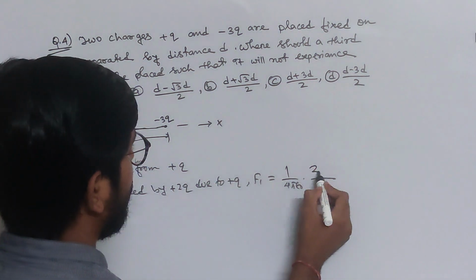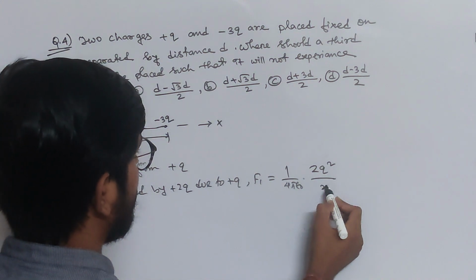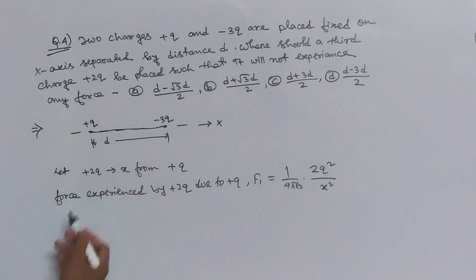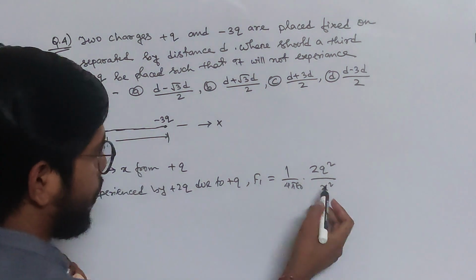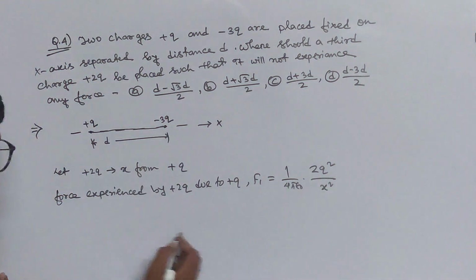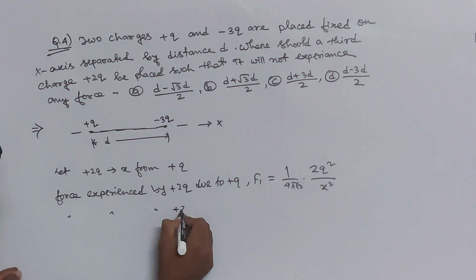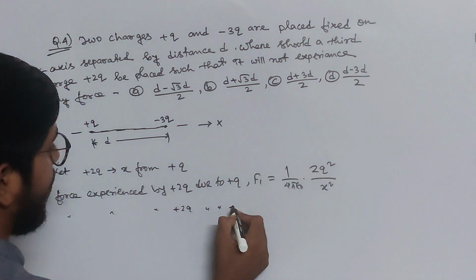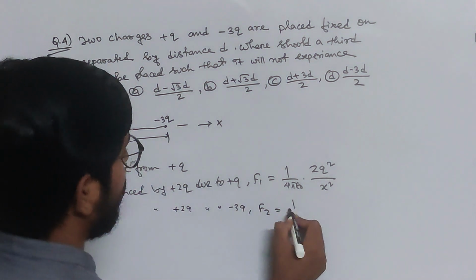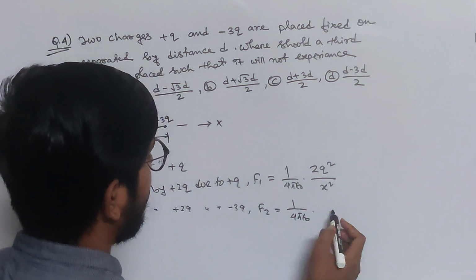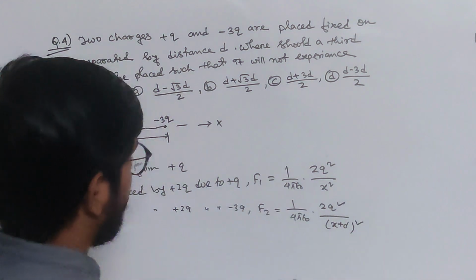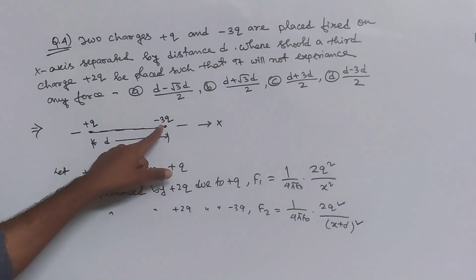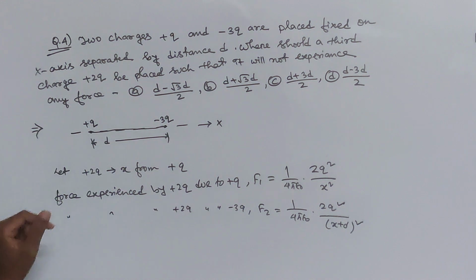And the force experienced by the same charge plus 2q due to minus 3q, let's say it is f2, will be 1 by 4 pi epsilon naught, 3q times 2q divided by x plus d whole square, because this minus 3q charge is at a distance d from the plus q charge.